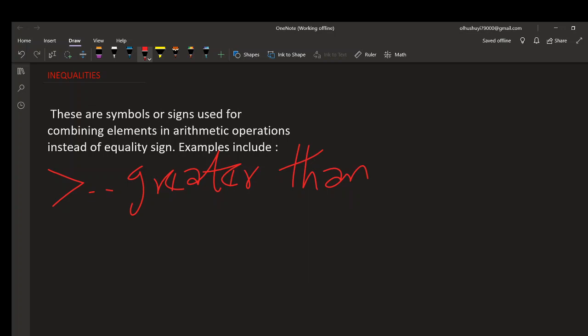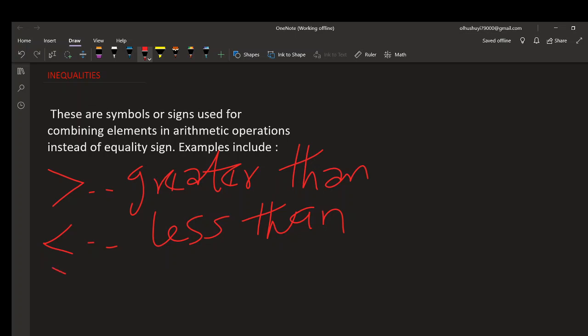It's just like the angle of your elbow, the right hand elbow. Then you have this other way around. This is less than.